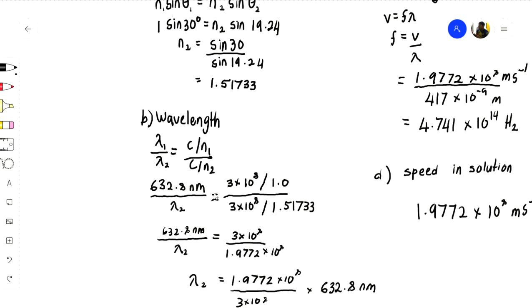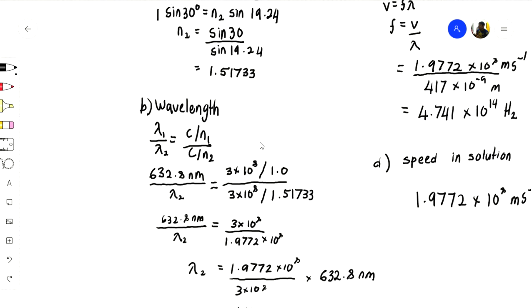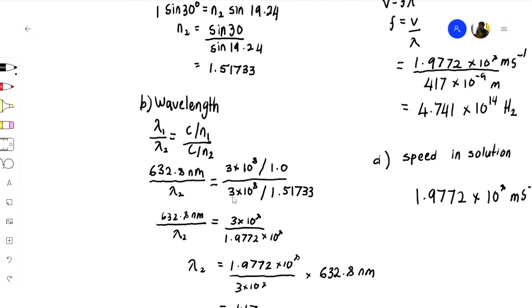The speed of light is 3 times 10 to the power 8 over 1.0, the index of refraction of air, and then the same 3 times 10 to the power 8 over 1.51733.